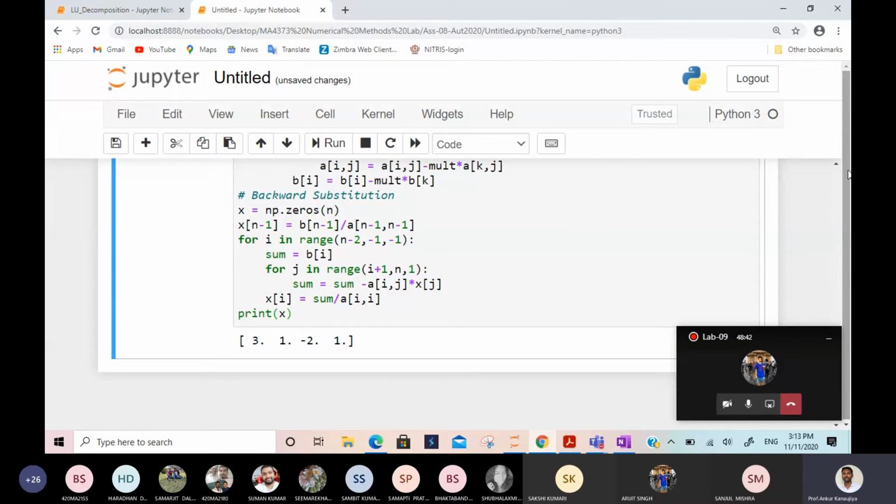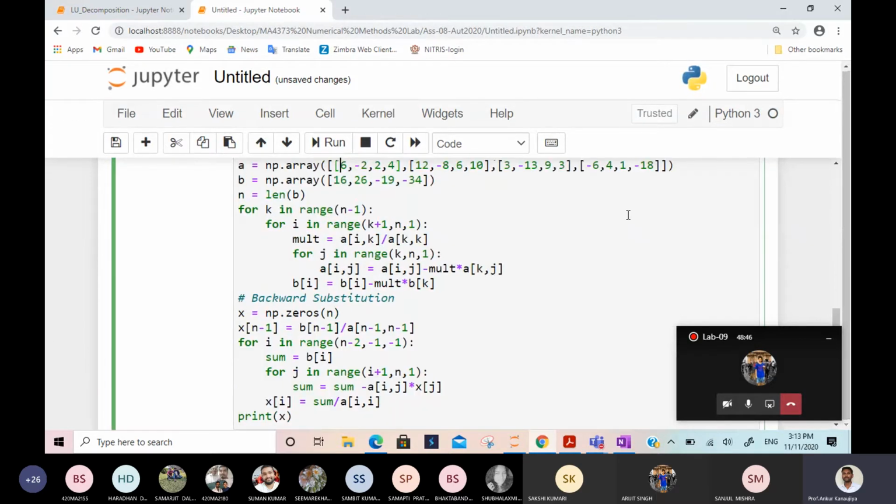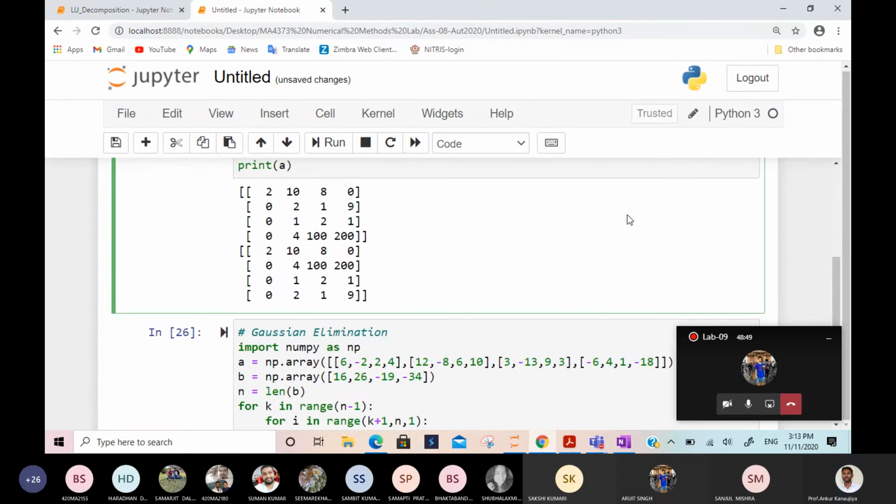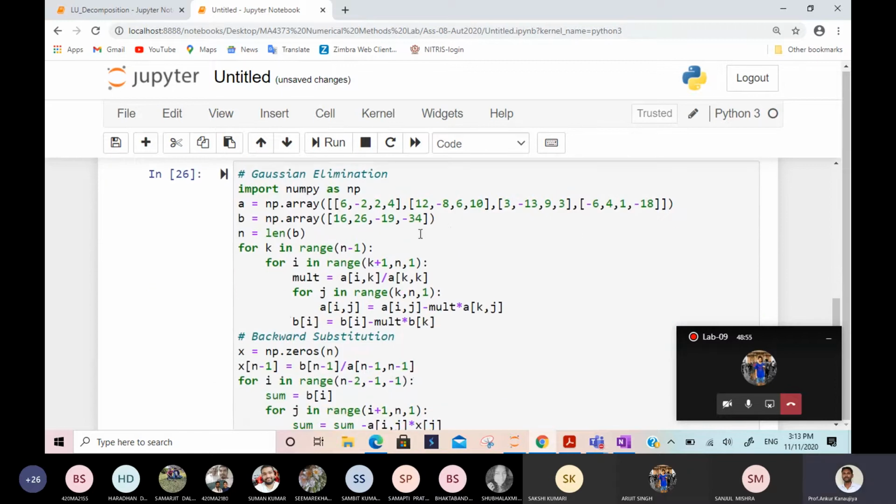So now can you tell me where to write the interchanging in this code? Definitely you will not interchange before this A, right? From here we start: we are choosing the multiplier and making the row operation to get 0. So we have to start here.